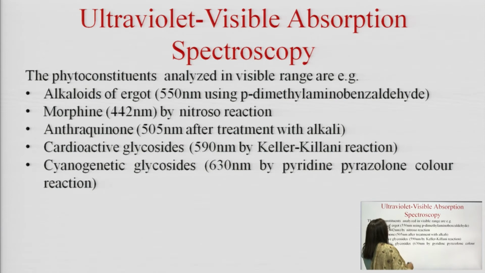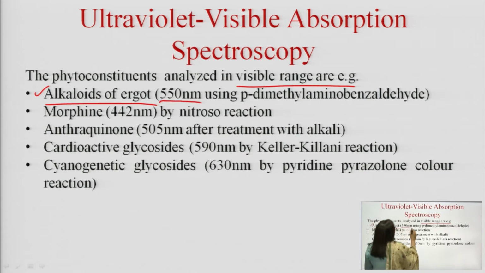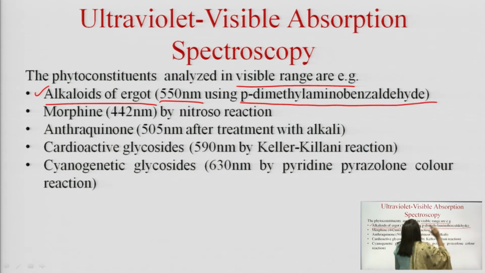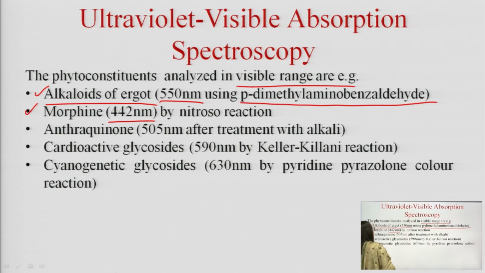The phytoconstituents that could be analyzed in the visible range are alkaloids of ergot, that is 550 nm using para-dimethylamino benzaldehyde. Then we have morphine, which in the visible range will be identified at absorption spectra lambda max of 442 nm by nitroso reaction.